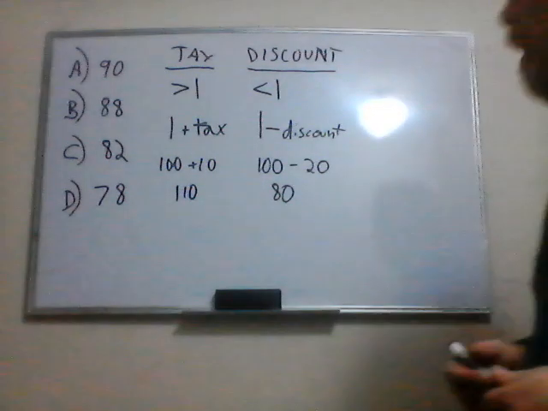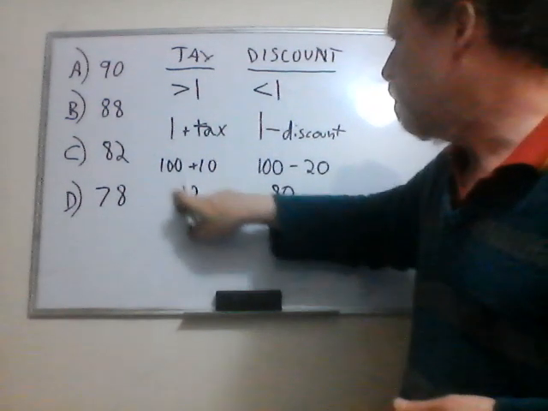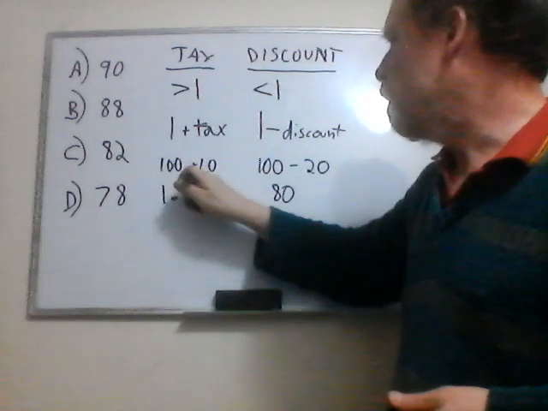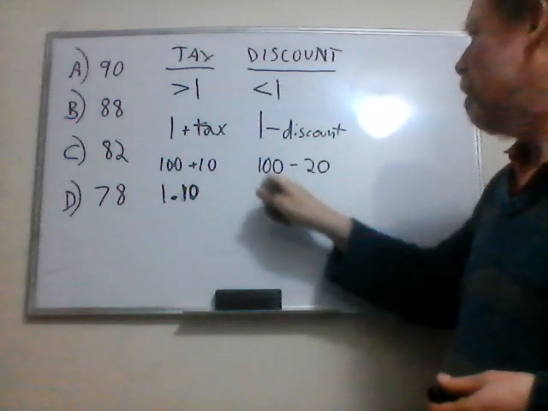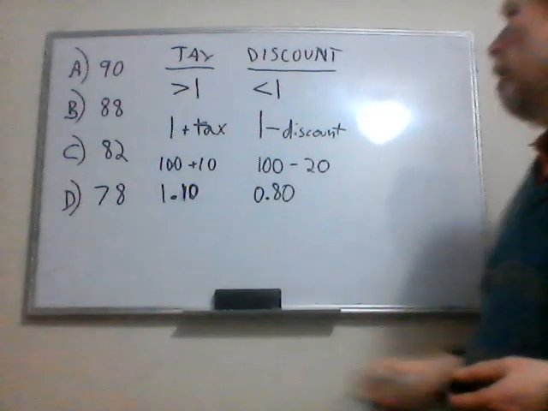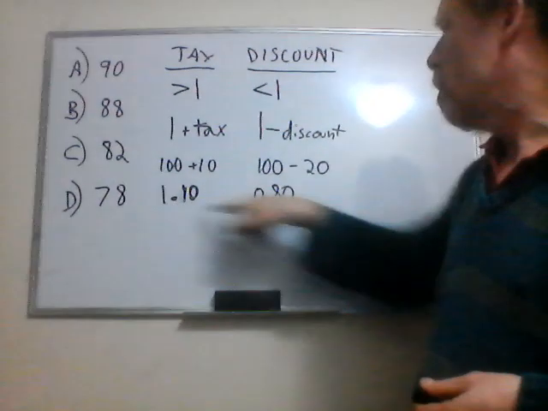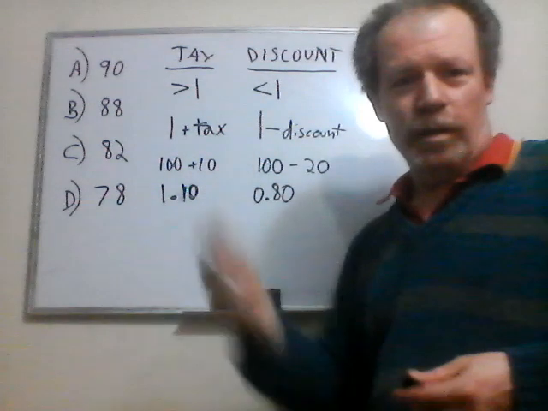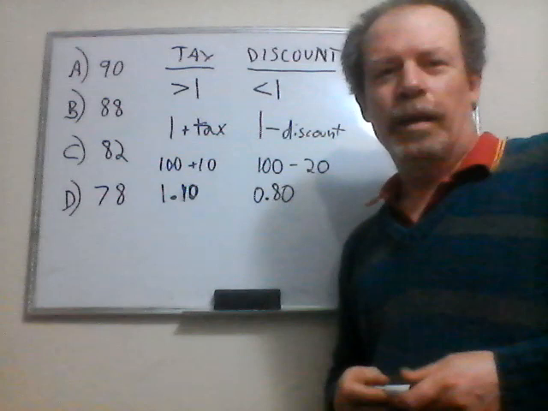If you multiply that by this, 1.10, you can't see that. 1.10 is 110% of the original price, and 0.80 is what you're going to multiply that by. If you did this backwards, you shouldn't, but I'm saying if you did, it would not be very dangerous.